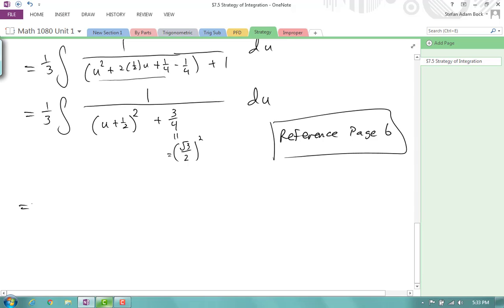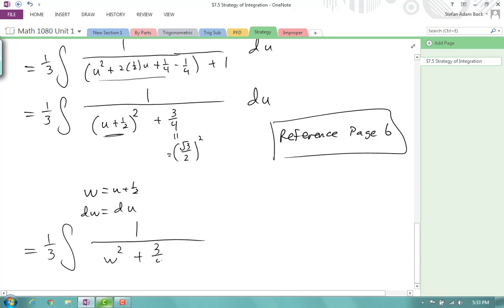But just so that I'm careful, I'm going to do another u substitution to clean up the variable squared part here. So I have w equals u plus 1/2, which means dw equals du. So I have 1/3 integral 1 over w squared plus 3 over 4 dw.